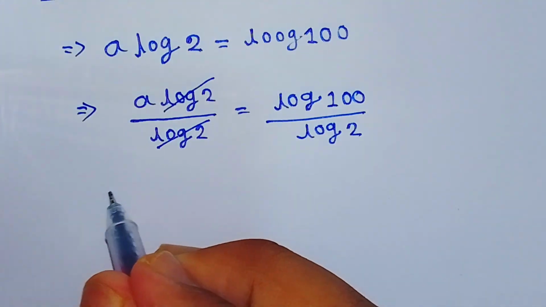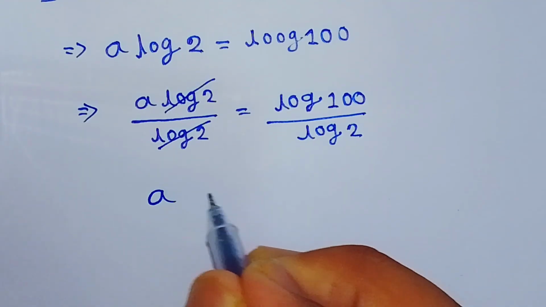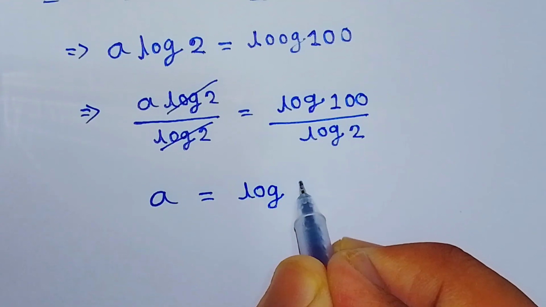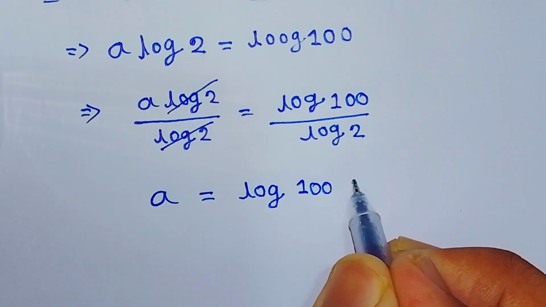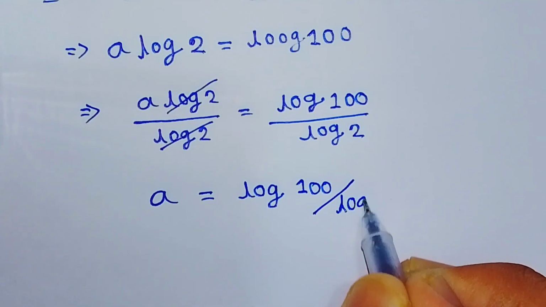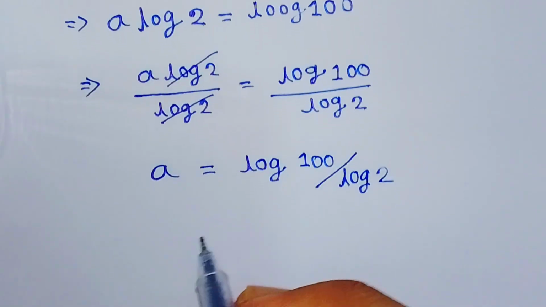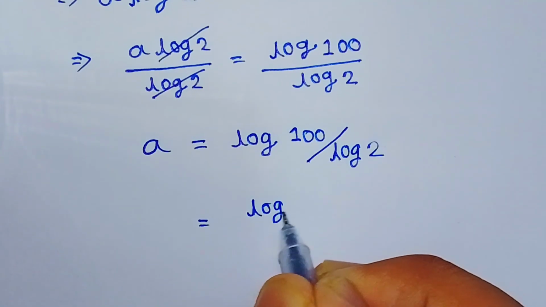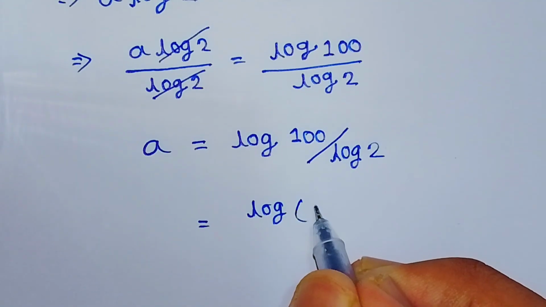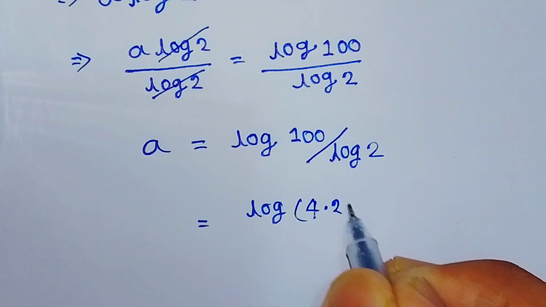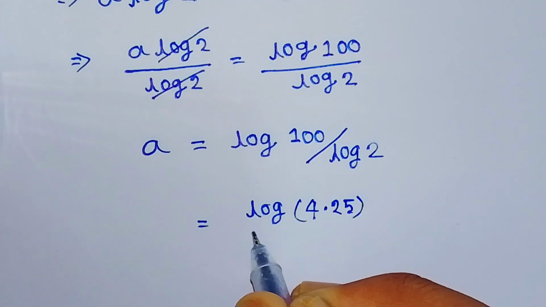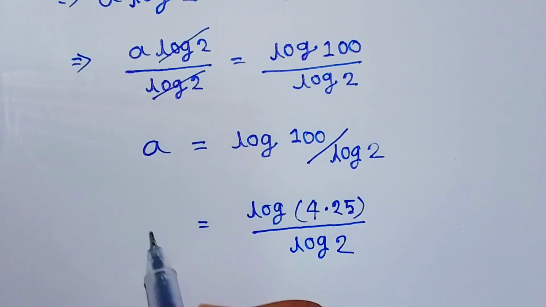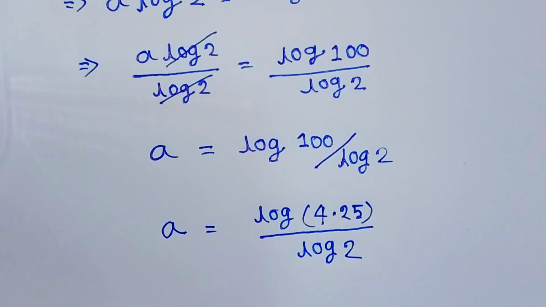Then we'll get a equals log 100 divided by log 2. After that we can write log 100 as log of 4 times 25, divided by log 2. This is the value of a.